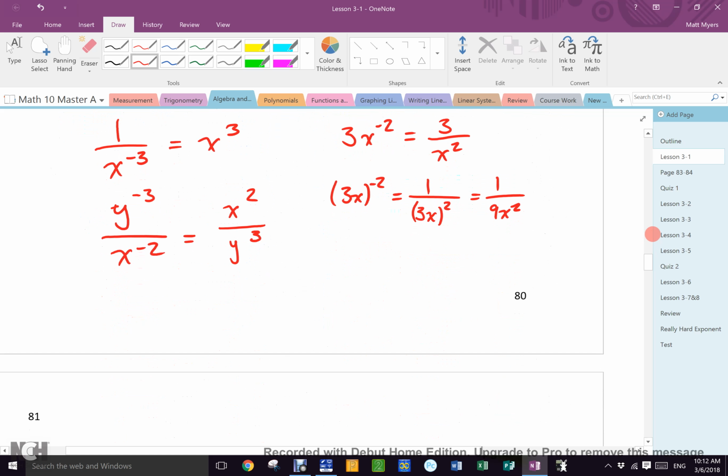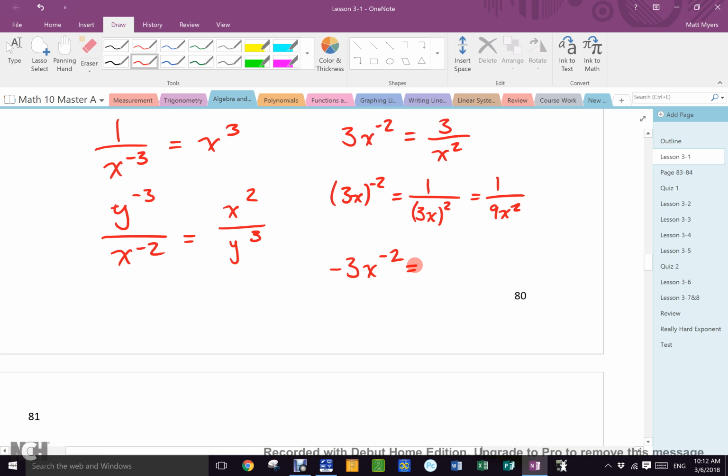Everybody cool? And then the very last thing that is going to mess you guys up more than anything is this. What is negative 3 x to the negative 2? What's the only thing there that isn't allowed?